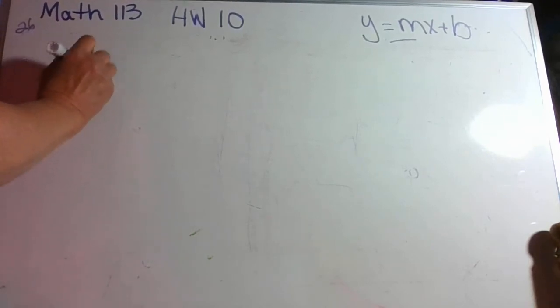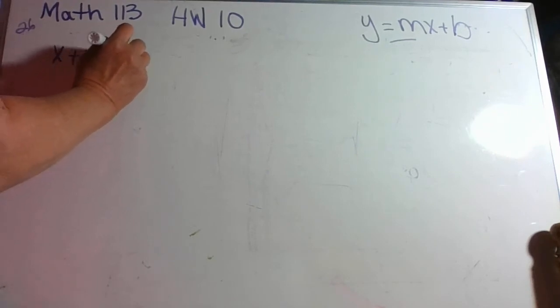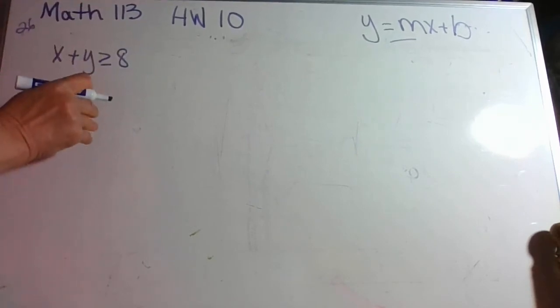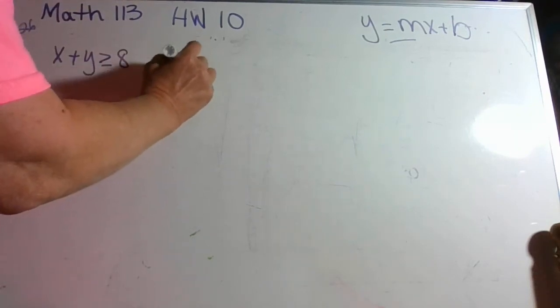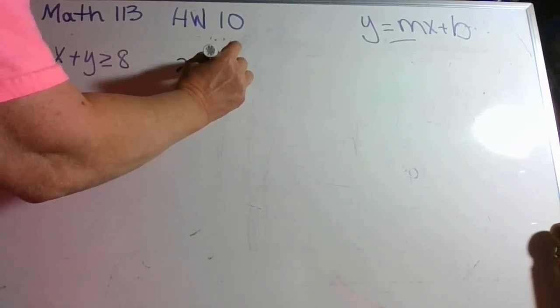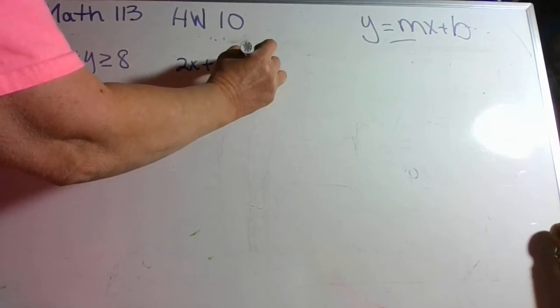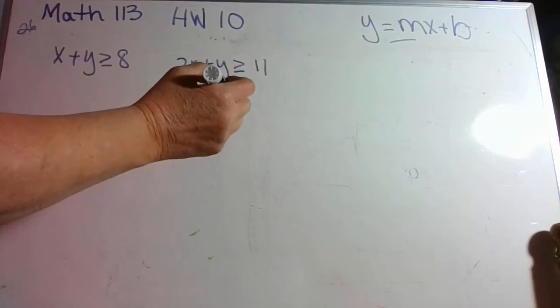Notice it'll be a solid line. And the other one is 2x plus y is greater than or equal to 11. Once again, that's going to be a solid line.